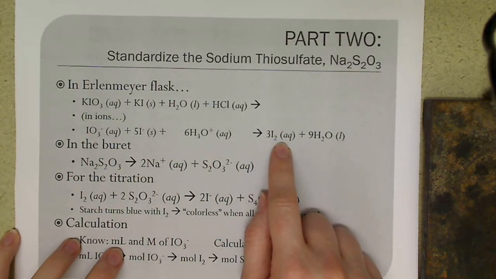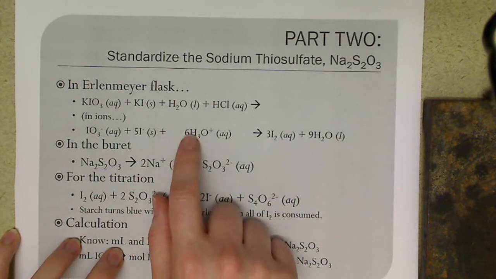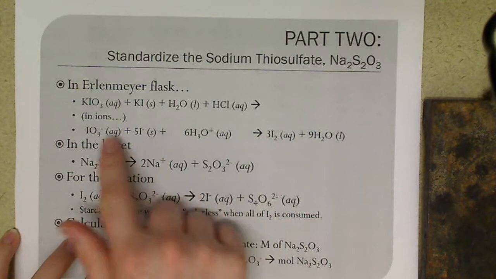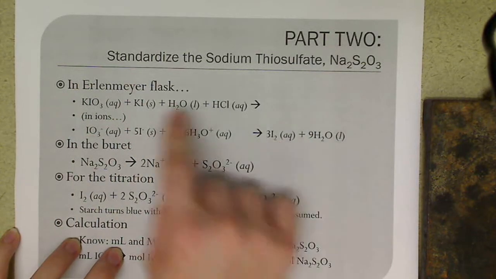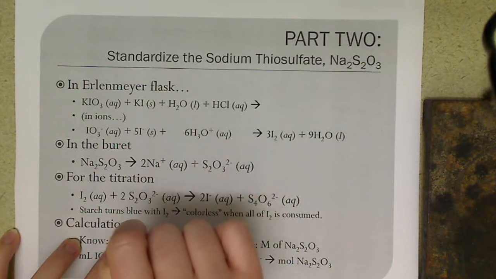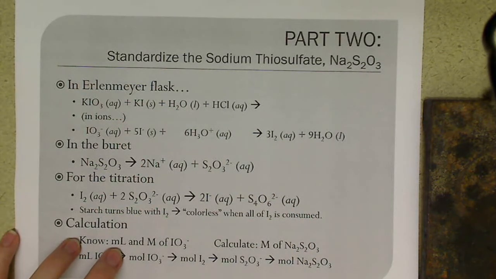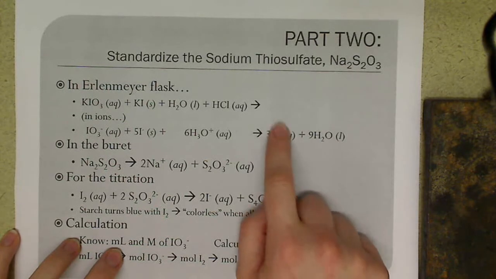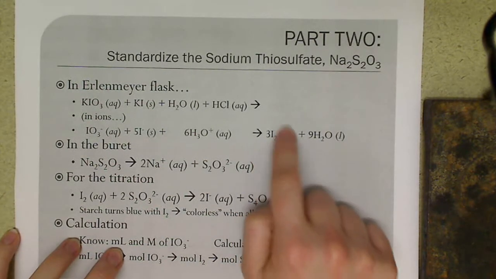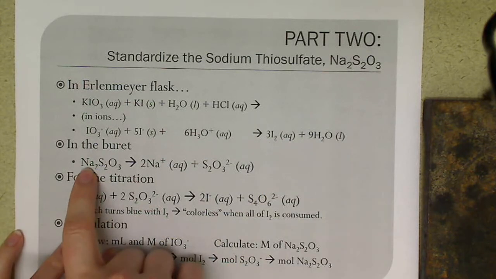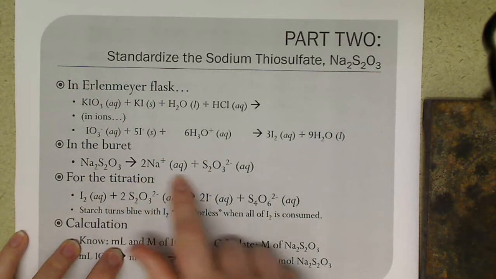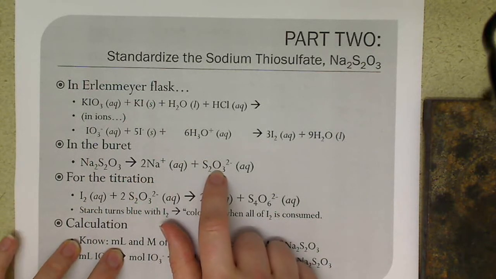Good vocab, good application from what we've been learning in chapter 18. That's from balancing this redox equation. These are combining to form iodine. So this is all happening in your Erlenmeyer flask before you have even started titrating. And the goal is that we've produced this iodine in solution. In the burette, because we have sodium here, this is completely soluble, so it's splitting apart into the sodium ions and the thiosulfate ion.